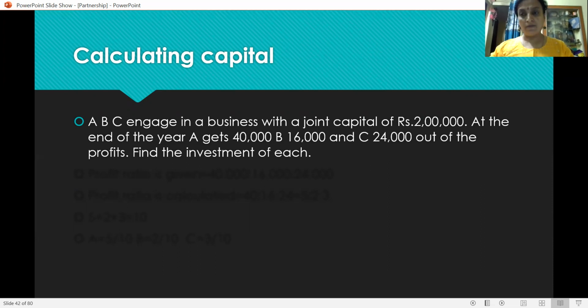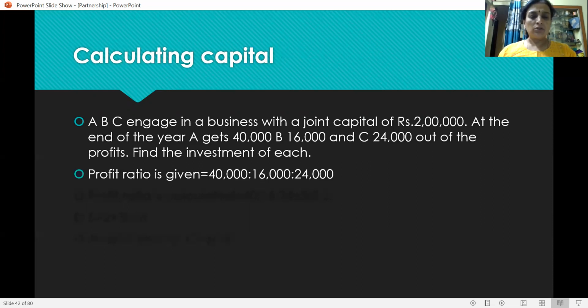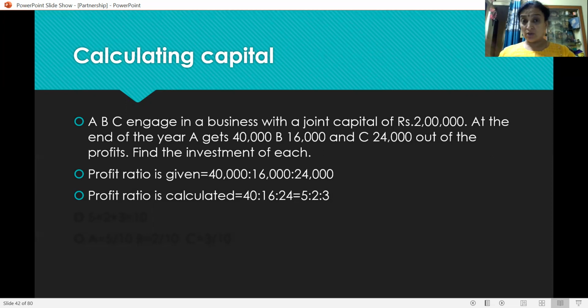Now the profit is given, so with the help of profit, we can calculate the profit sharing ratio. That is 40,000, 16,000, 24,000. And 3 zeros are common; we have to remove them. That is 40, 16, and 24. And if it is divided by 8, 8 5s are 40, 8 2s are 16, 8 3s are 24, so 5 is to 2 is to 3.